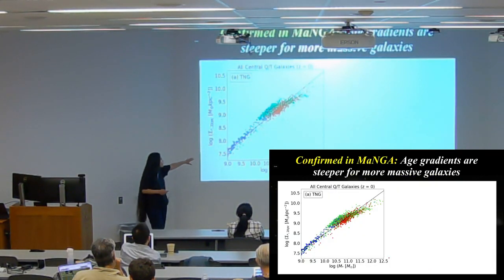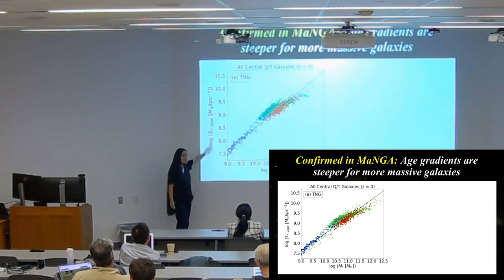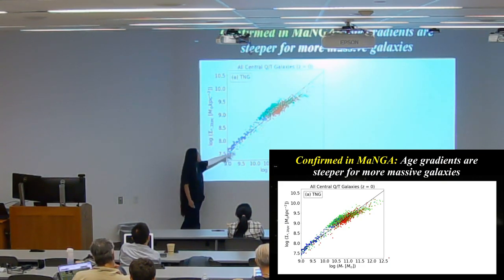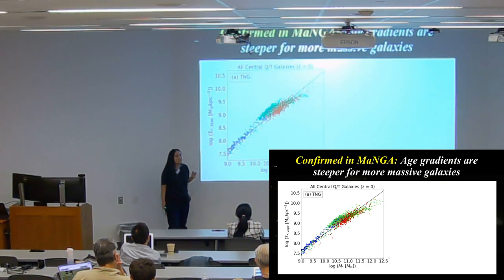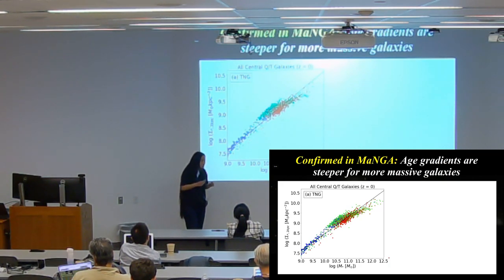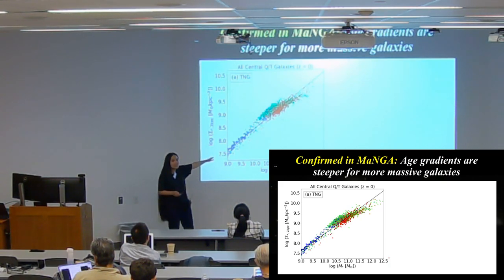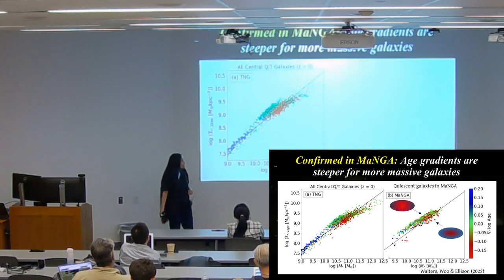So this is, first of all, the age gradients in TNG, where we have Sigma 1, the core density, versus stellar mass. And now it's color-coded by the age gradient, where greener, bluer means kind of flatter or younger-ish age gradients. Where red means that you're older in the centers. Okay, so this is TNG. What does it look like in MaNGA?